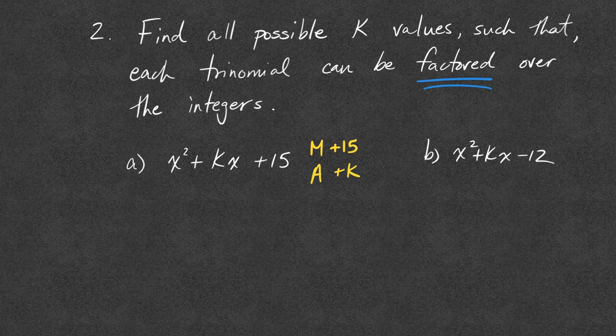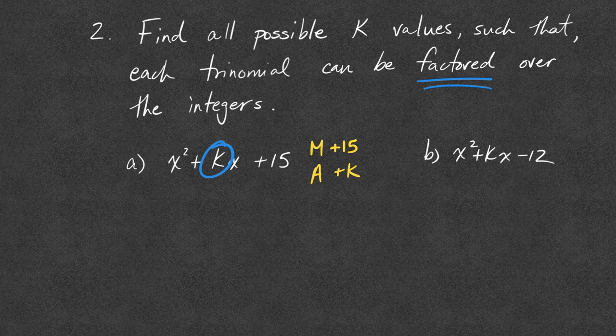Well, the two numbers that multiply to give 15 is a nice easy start. Add to give k, that's the problem solving. So let's take a peek at it. I have options. Because I don't know what k is, I don't have the second part of that questioning, that process, to nail it down to one possibility.